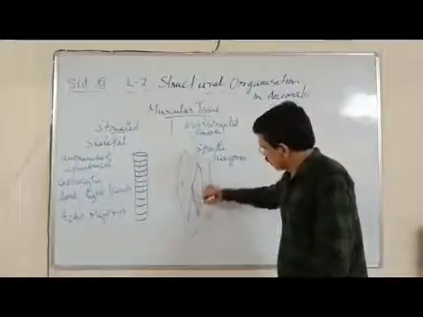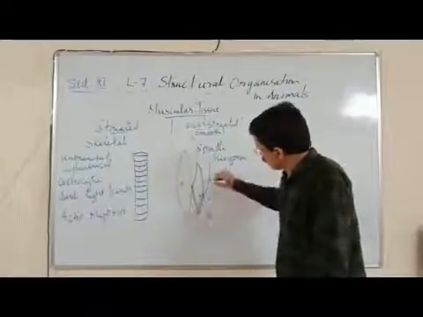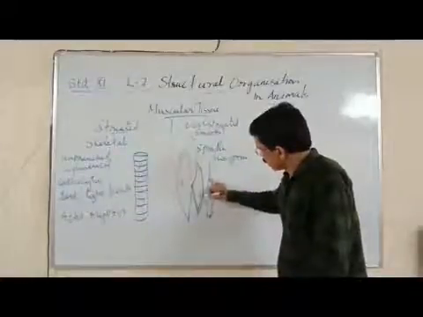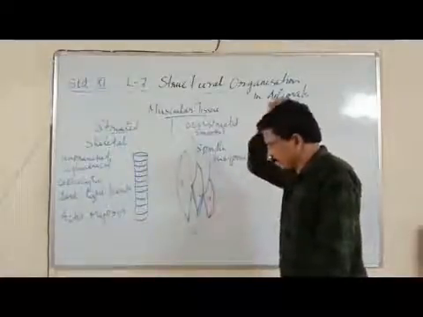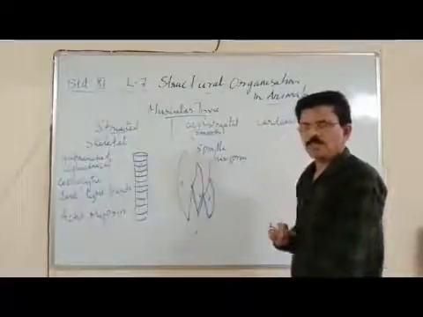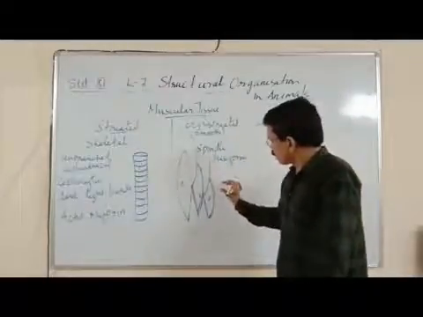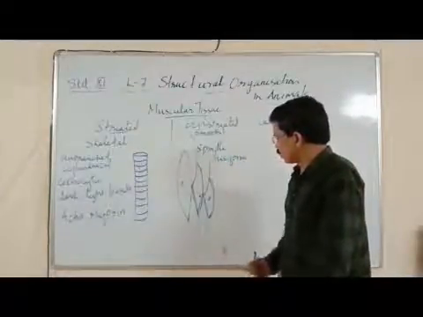We call it the cell junction. Okay. There are three types of cell junction we have already studied in the epithelium. They are tight junction, adhering junction, and also gap junction. So such junctions are there between the cells.